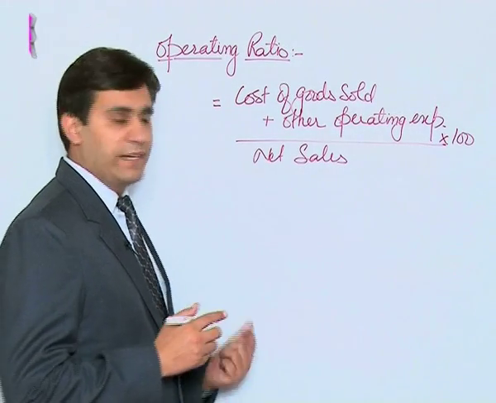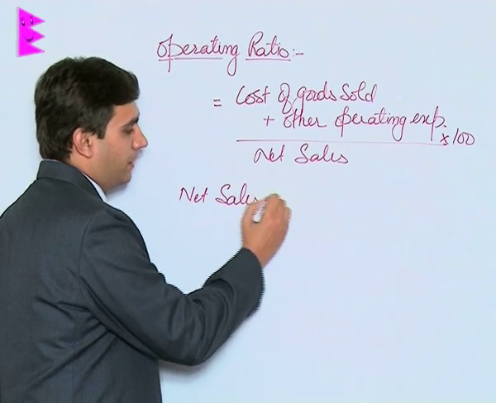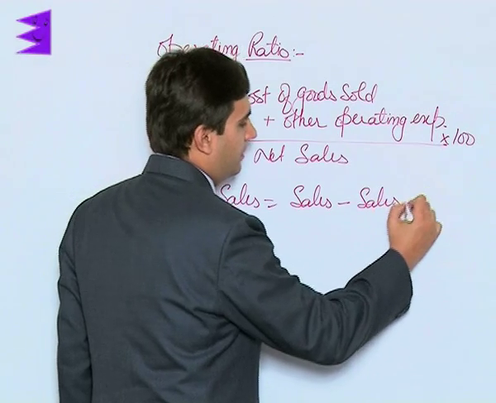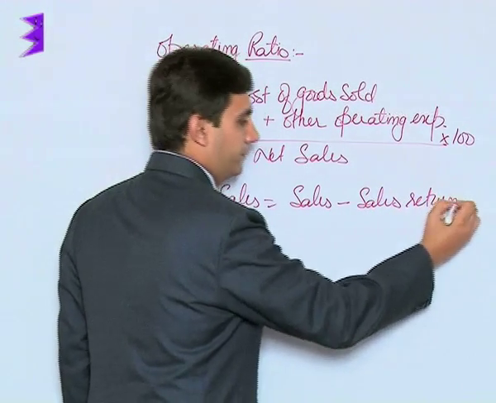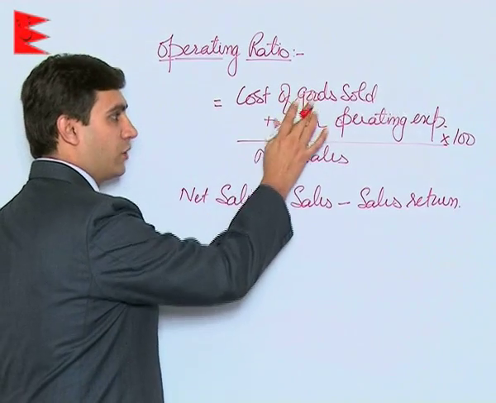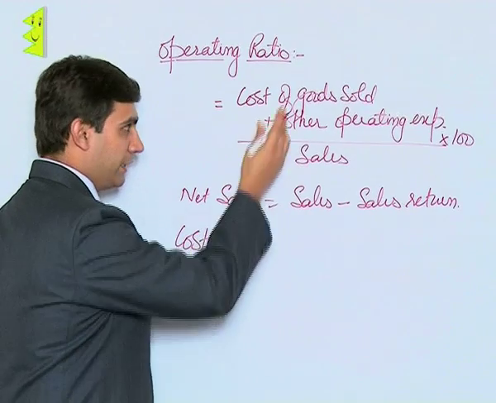Now how do we calculate its components? We all know that net sales are equal to sales minus sales return. The numerator, that is cost of goods sold plus operating expenses. Remember, we had also done it earlier as well.